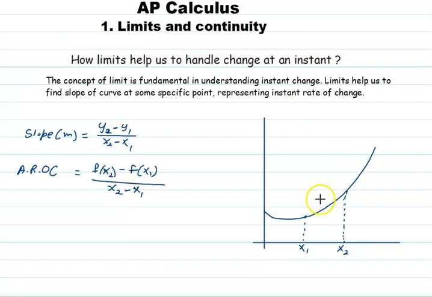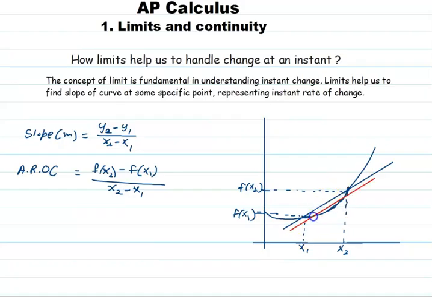To find the average rate of change of this curve on this interval, let us draw a straight line passing through these 2 points, and these are the corresponding y values. This is f of x2 and this one is f of x1. Using this formula for this curve will give us the average rate of change on this interval for this function.